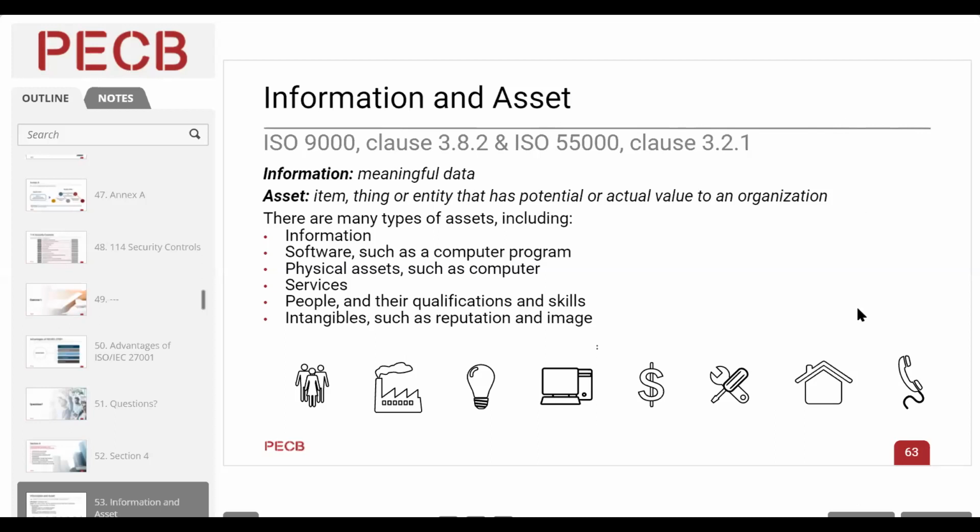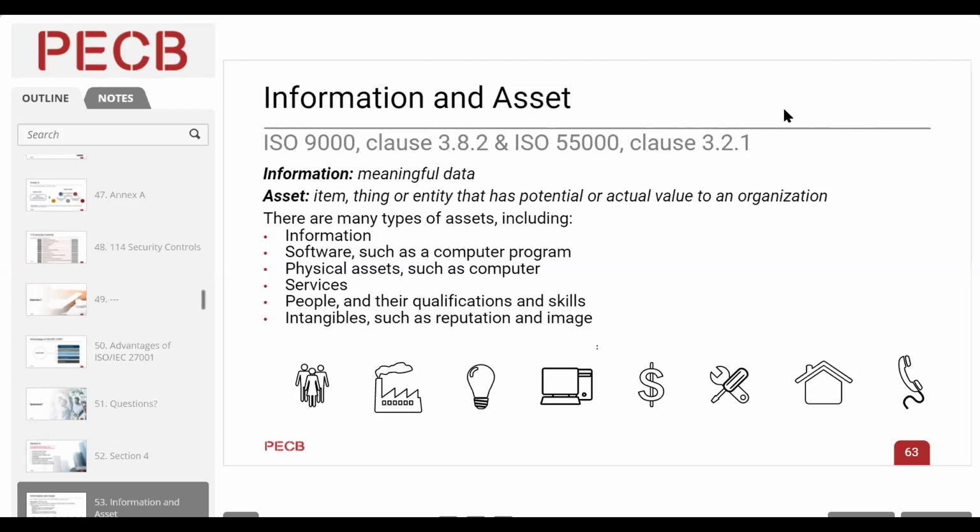So, information and assets. Information assets: sometimes we come to it from different perspectives. Sometimes we focus on the fact that we're talking about information only, and other perspectives are anything to do with data processing.